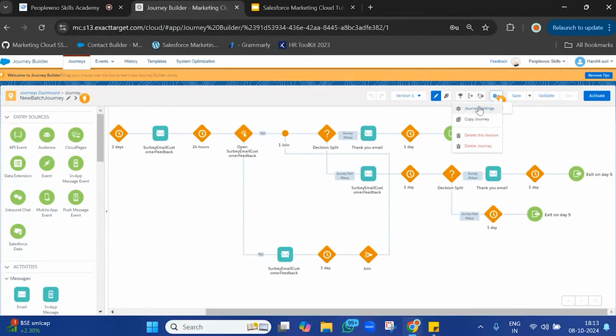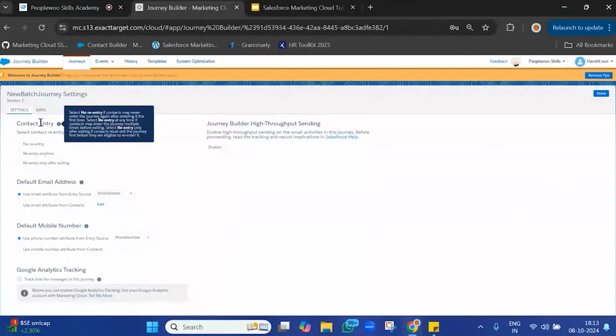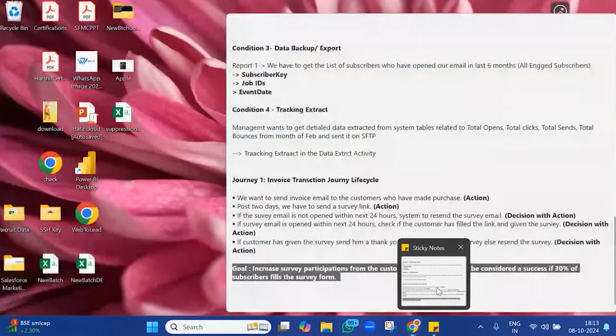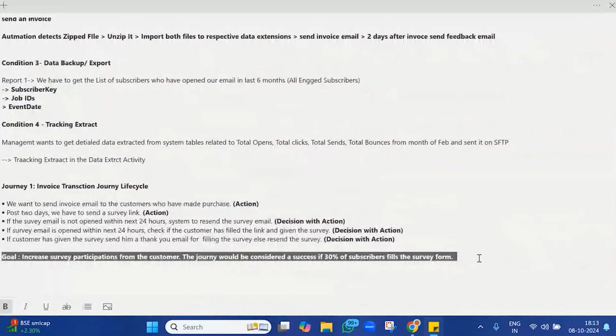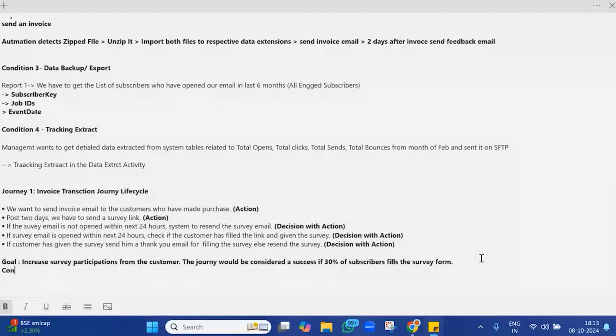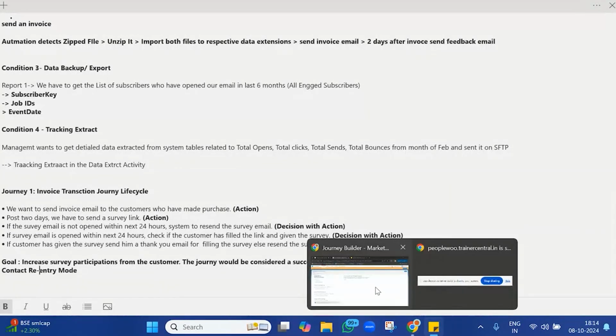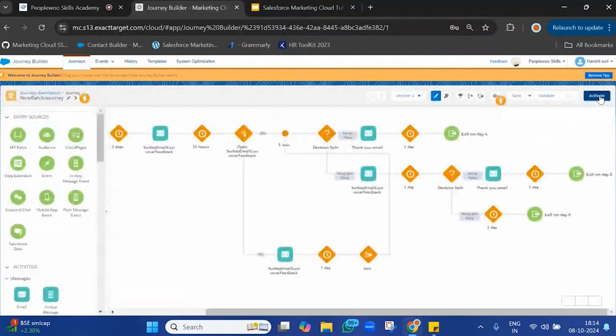journey setting. Inside journey setting, we have contact re-entry mode, and which is a 100% interview question. Now what is the contact re-entry mode? As I said, once you activate a journey, it would keep on running.